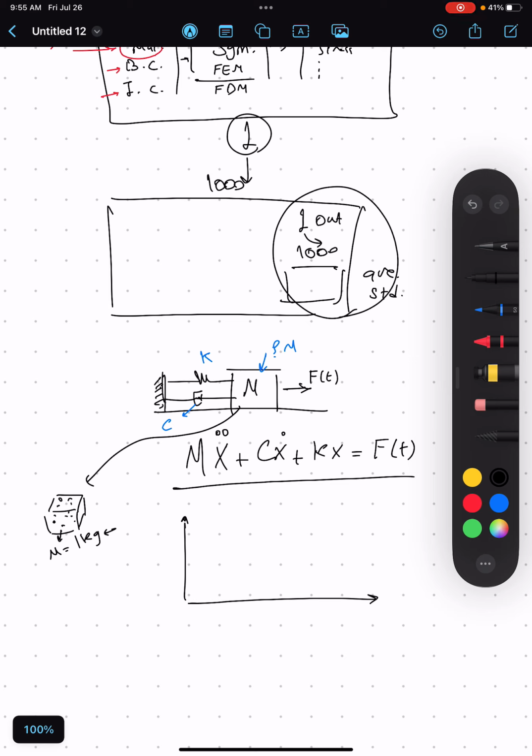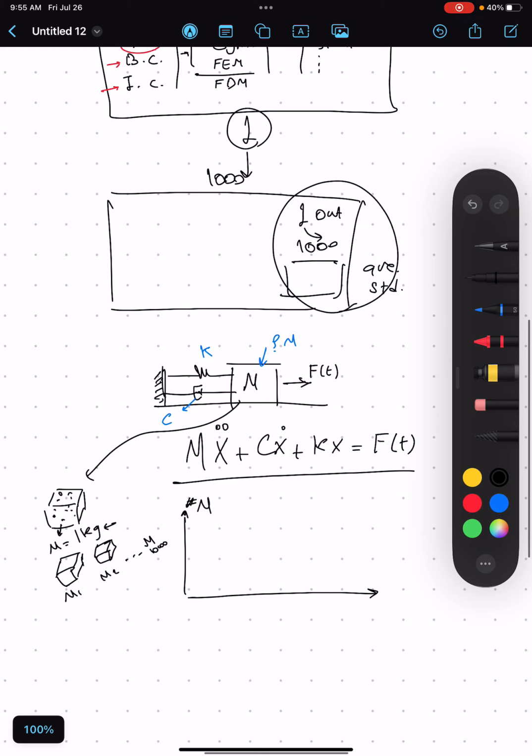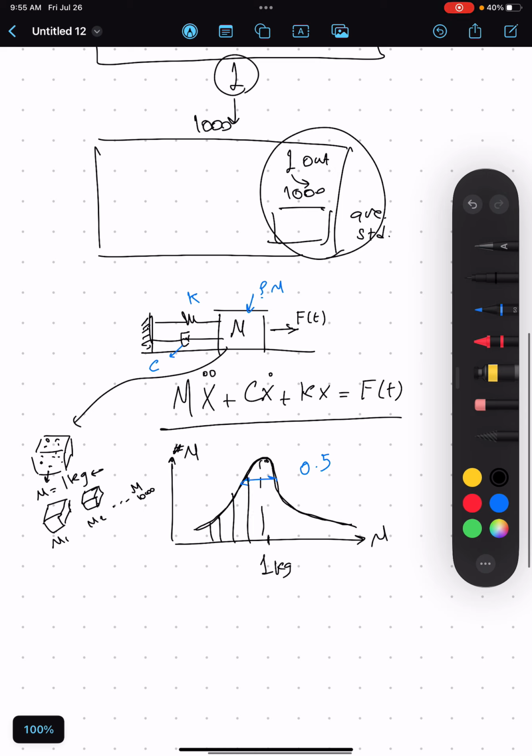We are measuring 1,000 masses, M1, M2, up to M1000, and if we plot the number of masses with respect to our measurement, we see that for 1 kilogram we have the maximum value, and for other values we have a Gaussian distribution with an average value of 1 kilogram and a standard deviation of, say, 0.5 kilogram.